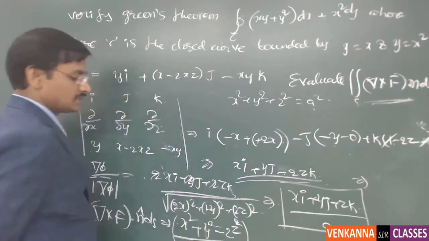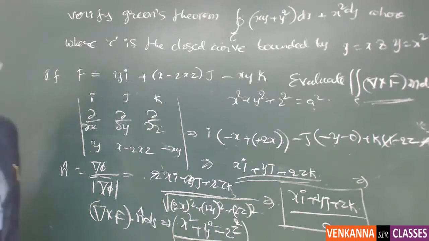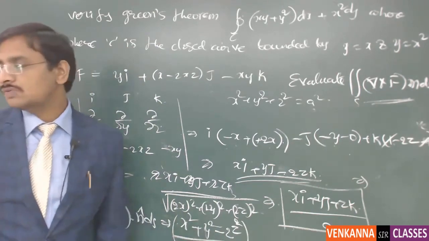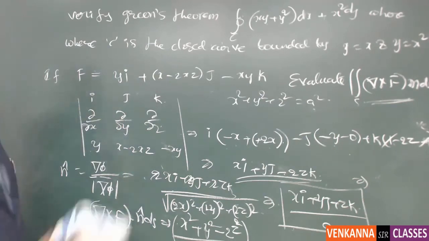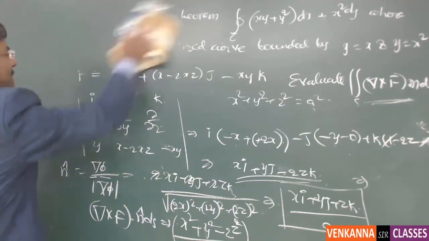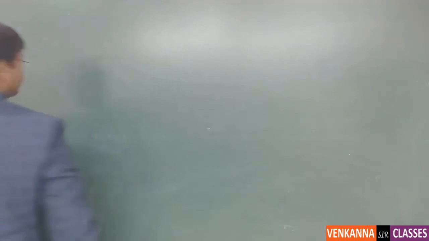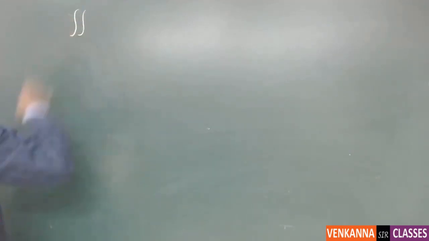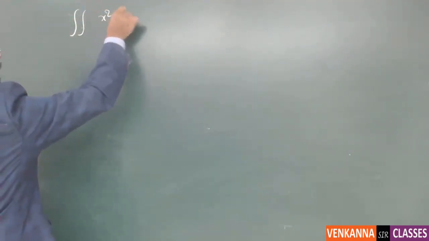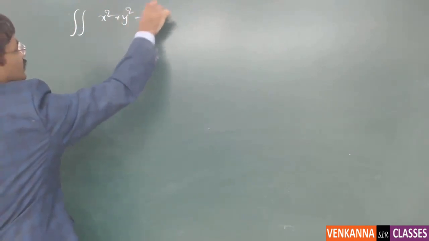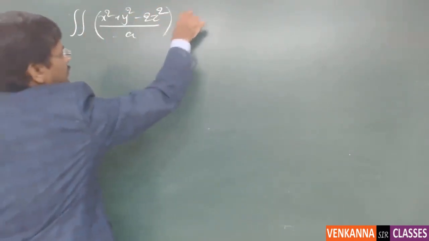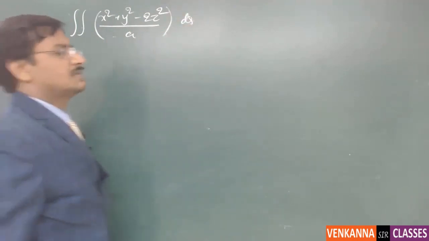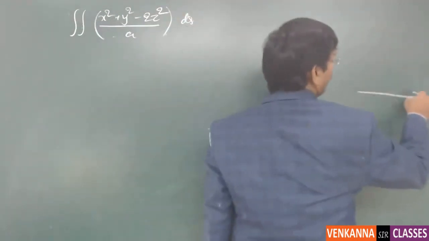So x square plus y square minus 2z square divided by a is the function for which you need to find out the surface integral. So the integral of (x square plus y square minus 2z square) divided by a into ds. Now this ds is the spherical surface above the xy plane.